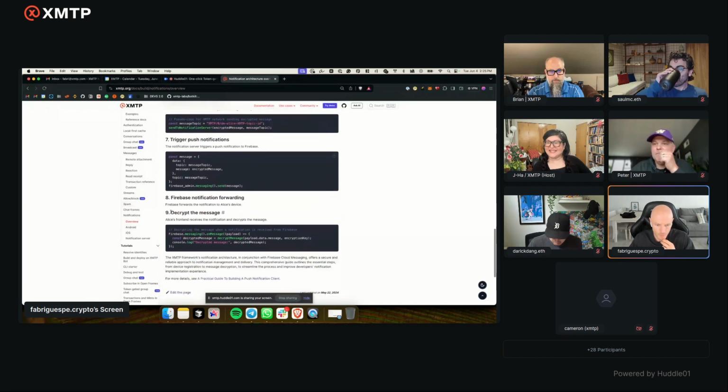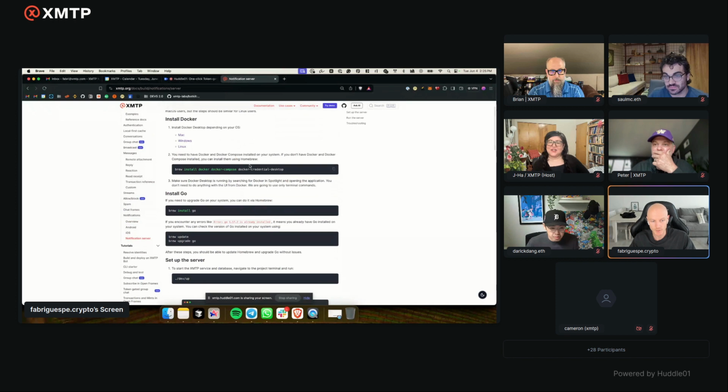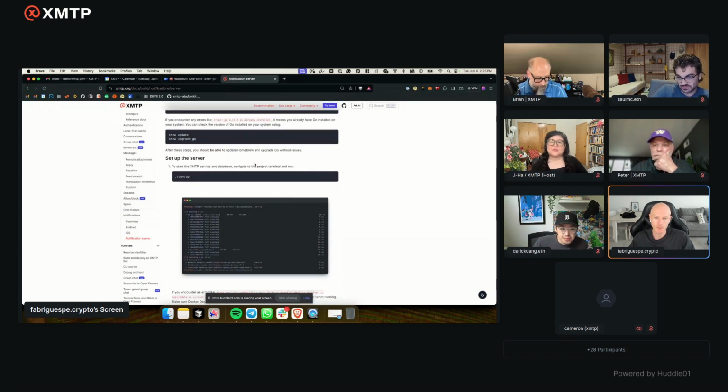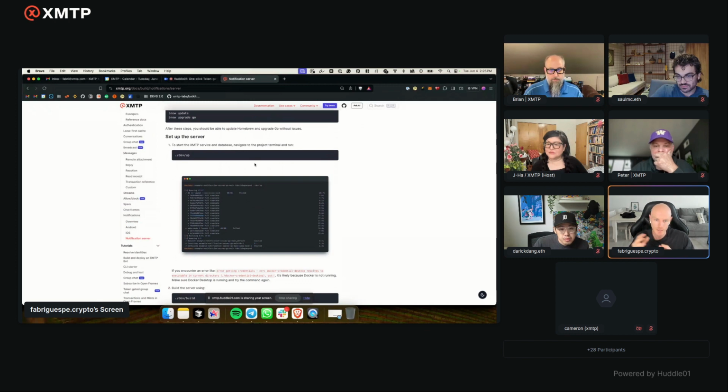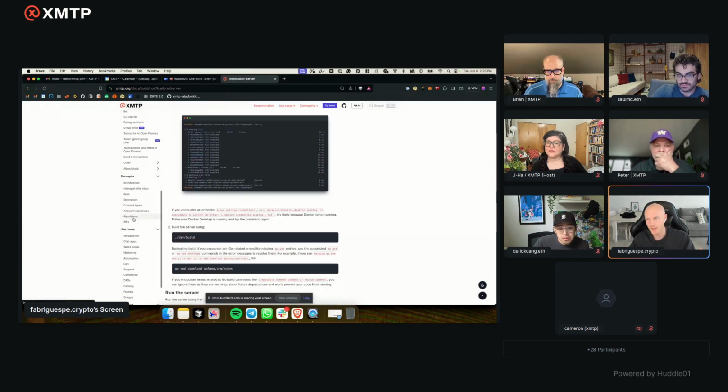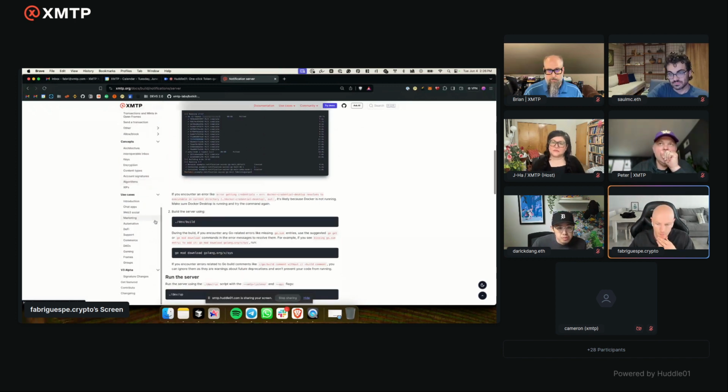And yeah, it's a cool update for the notifications, and also the notification server was updated with some new properties, like you can specify in a content type if the message should receive a push notification or not. This is useful. For example, a reaction is not going to have a push notification, but a message is going to have one.